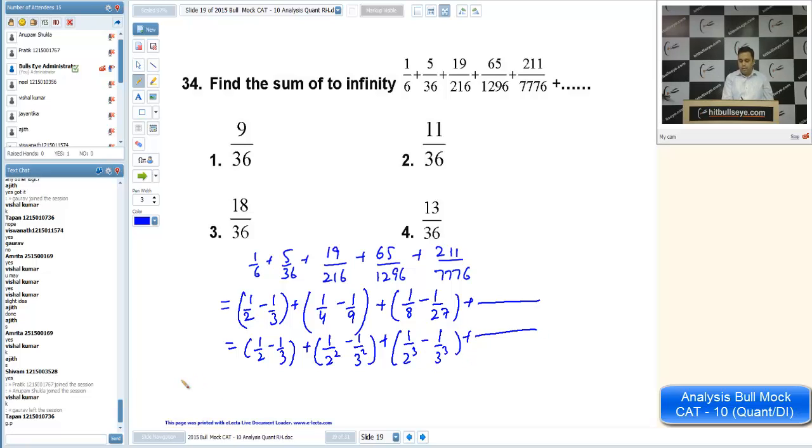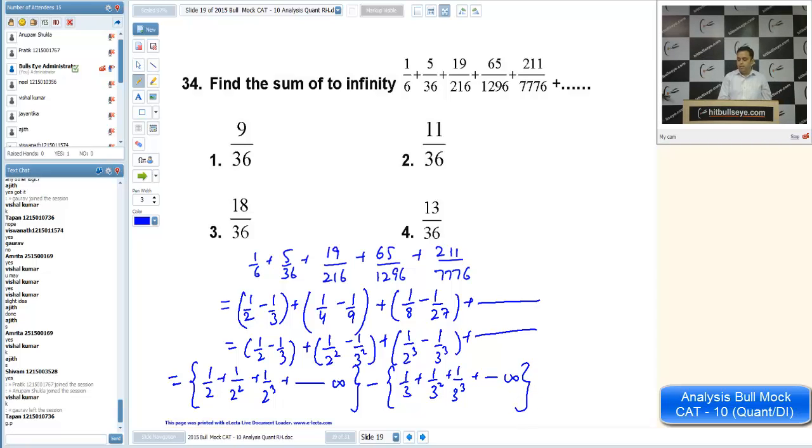So from here I am having two infinite GPs. One is 1 by 2 plus 1 by 2 square plus 1 by 2 cube and so on up to infinity, minus 1 by 3 plus 1 by 3 square plus 1 by 3 cube up to infinity.